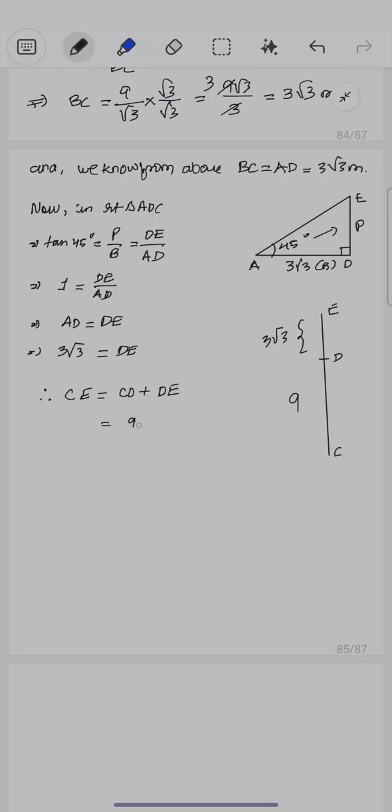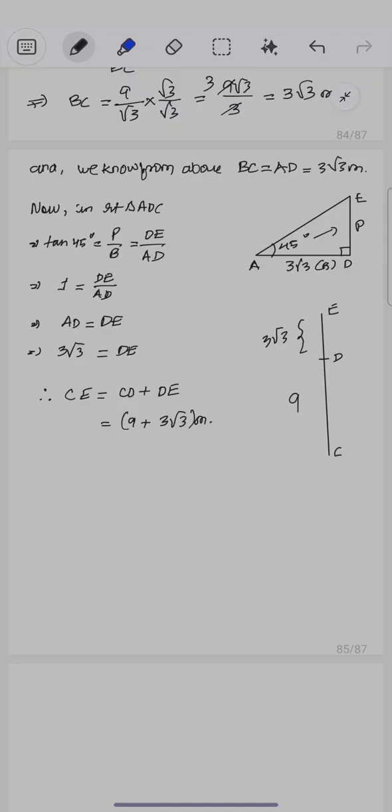CD is 9 and DE is 3√3, so the answer is 9 plus 3√3 meter.